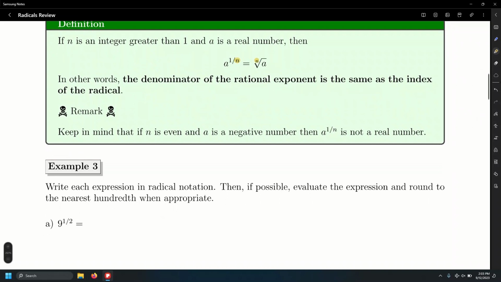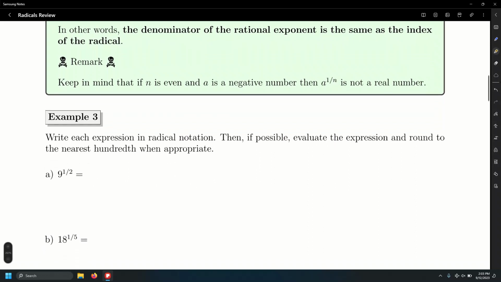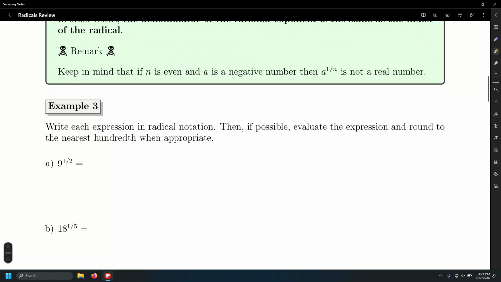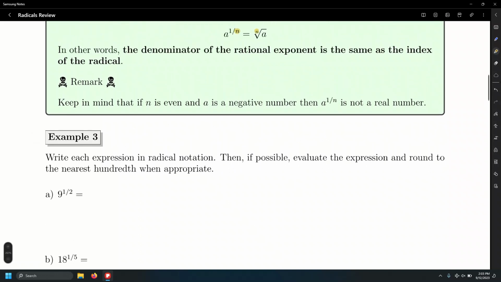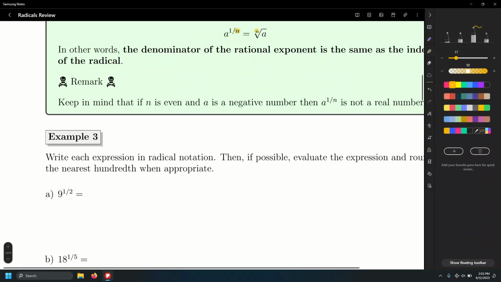All right. Let's have a look at example number 3. Write each expression in radical notation, and then, if possible, evaluate the expression and round to the nearest hundredth if necessary, if appropriate. All right, let's have a look at this. Okay, 9 raised to the 1/2. Well, let's go ahead and write it as a radical. Again, I would like to highlight the denominator, because that denominator will be the index of the radical.